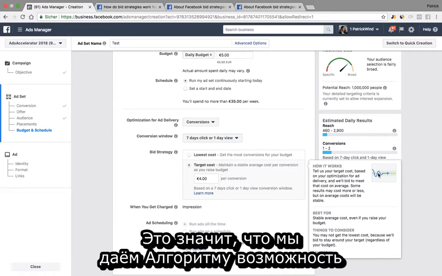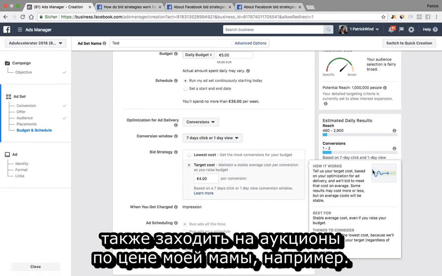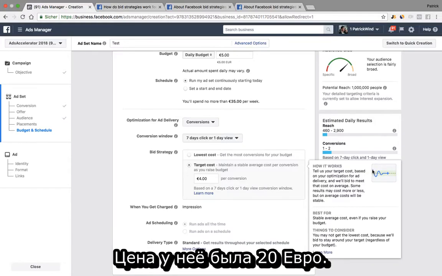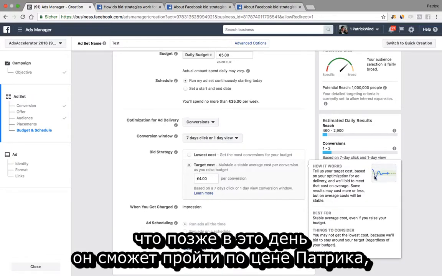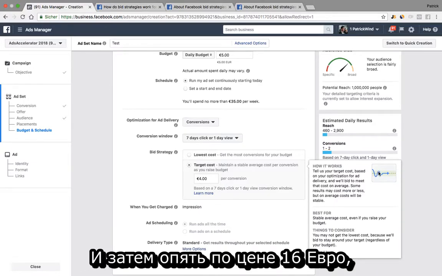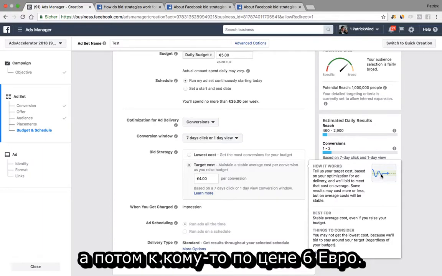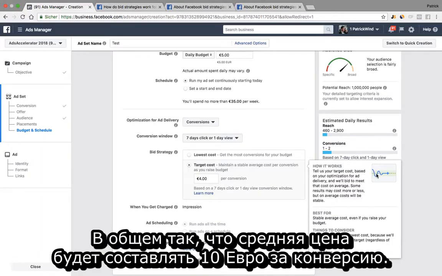That means that we allow the algorithm also to enter the auctions for my mother, for example, which we said is 20 euros, but only if the algorithm knows that later on that day it will be able to get also Patrick's for 4 euros, and then someone for 16 euros, and then someone for 6 euros, so that on average it will end up at around 10 euros per conversion.